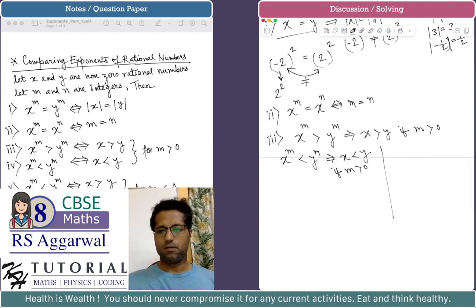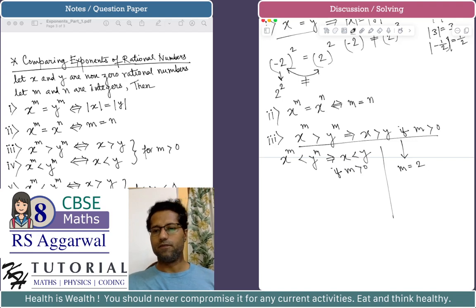Now, why so? Let's try to understand this result. Let's say m is 2, it could be 1, 2. So m is a positive integer.